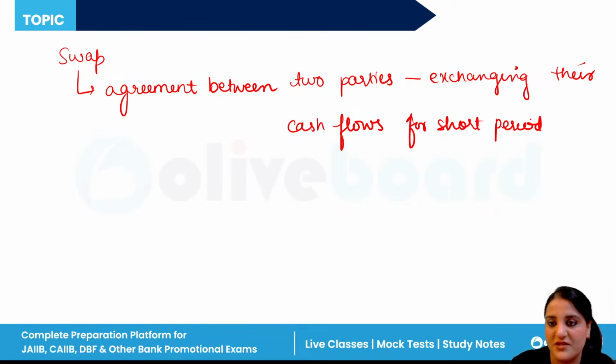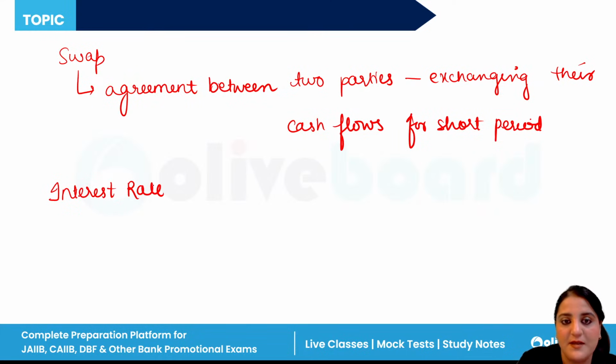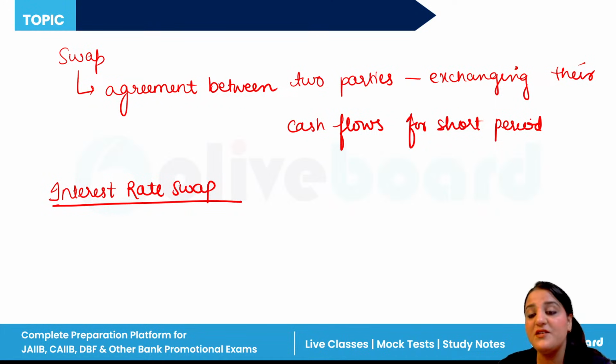First one is the interest rate swap. What is the meaning of this? In an interest rate swap, fixed rate cash flows are exchanged with floating rate cash flows.